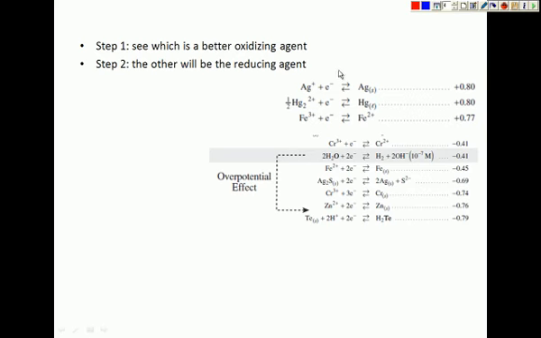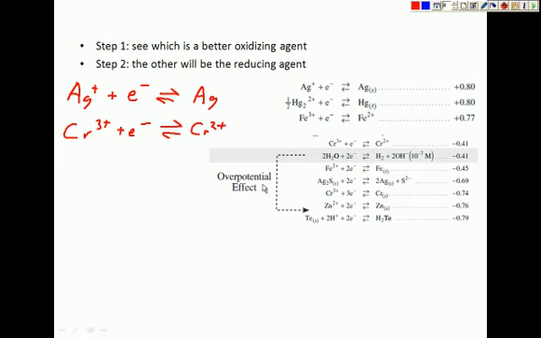So let's take an example. Say we have Ag plus an electron makes Ag, and we have something like Cr3 plus an electron makes Cr2 plus.